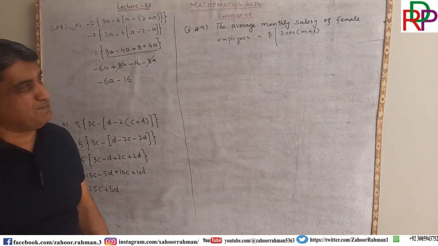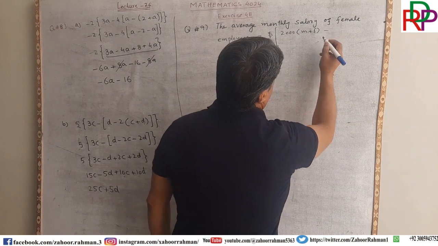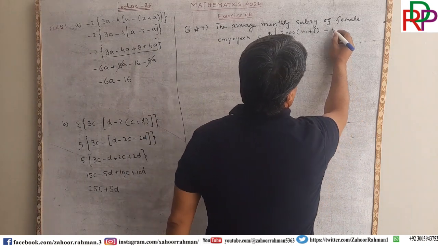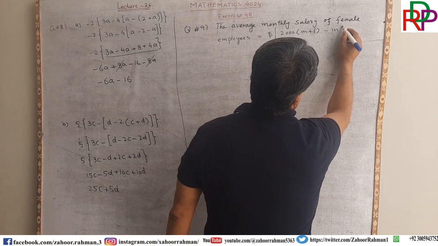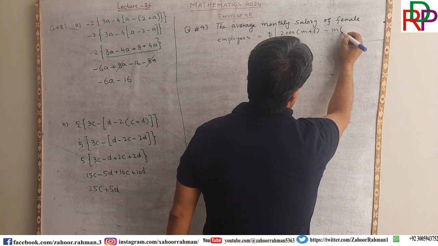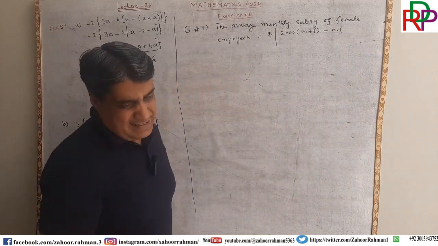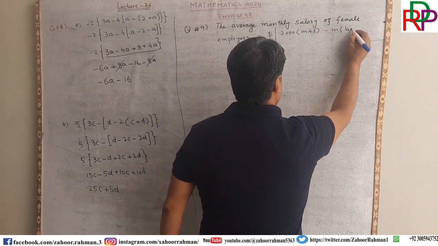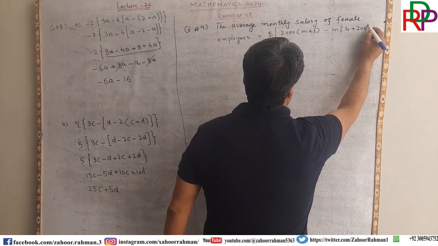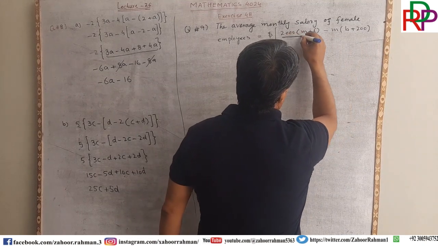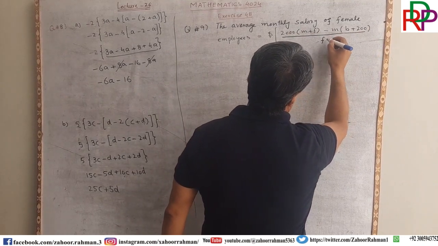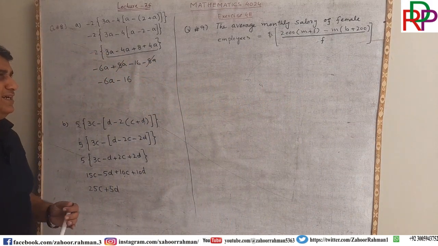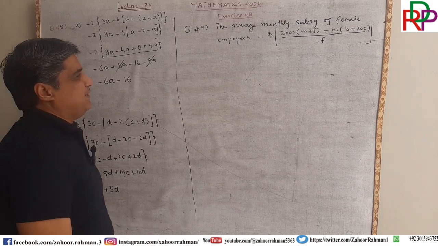Then we have to subtract the male salary, that is M of, it is given I think, B plus 200, and then we have to divide it by the total female, because we want to find the average salary of female.